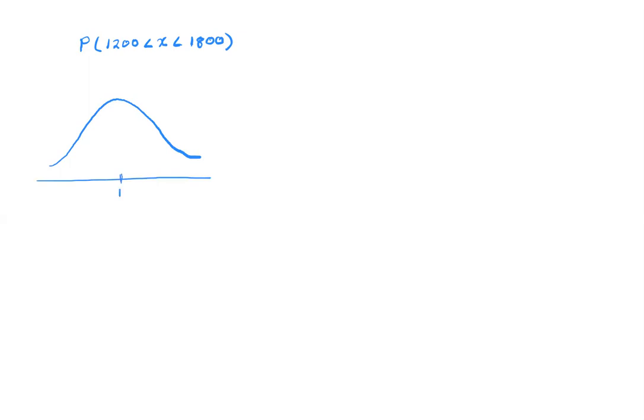So this is 1500, 300, 1800 is here, and 1200 is here. So you have two X values here, okay? We want to find out this probability, what is in the middle. This time is different.